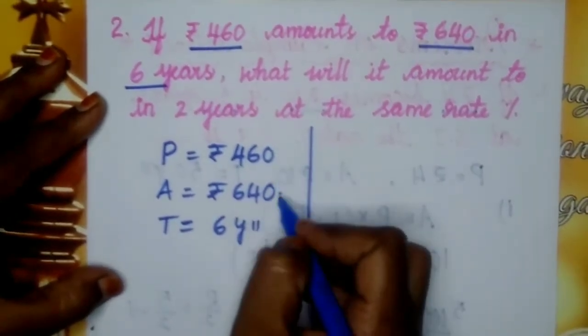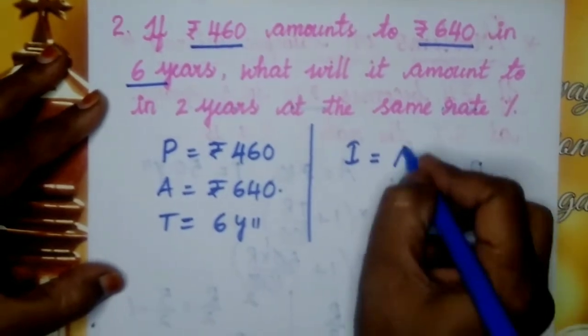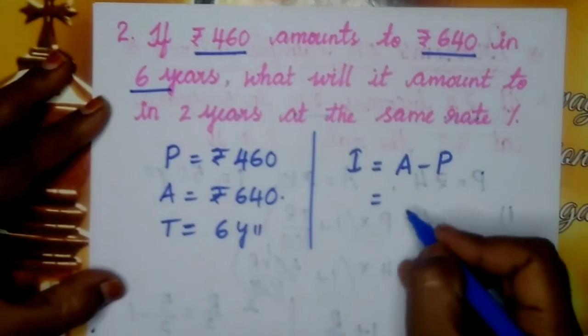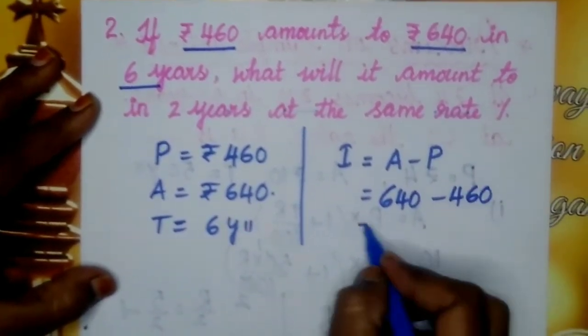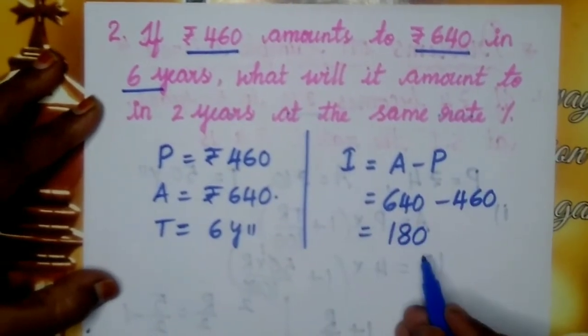Now by using this principal and amount, we can calculate the interest. I equals A minus P. So 640 minus 460, which is exactly 180. This is the interest for 6 years.